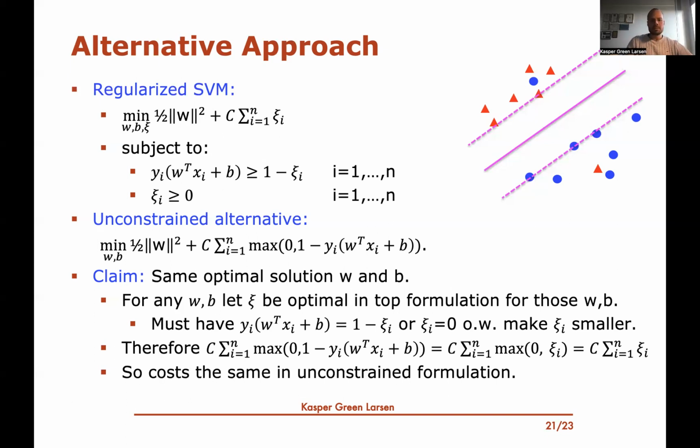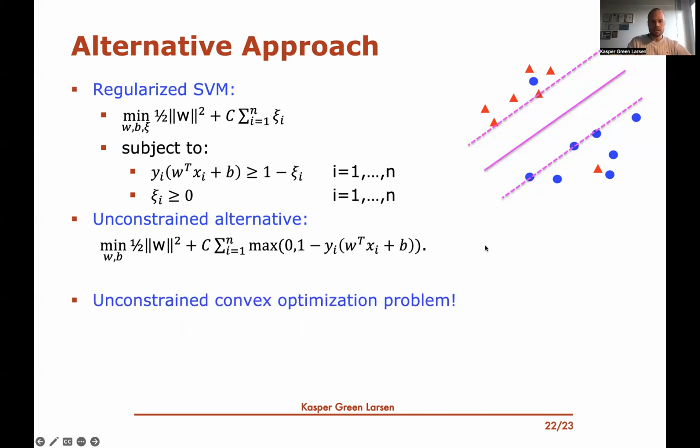Good. So this means that you can solve this unconstrained alternative. And if you look at it, this is actually a convex optimization problem. In here, you have convex functions, the maximum is also a convex function, so the whole thing is a convex function. For convex minimization problems, we know that we can use gradient descent, as we saw many videos ago. If you just do gradient descent on w and b, this will lead you towards a global minimum.